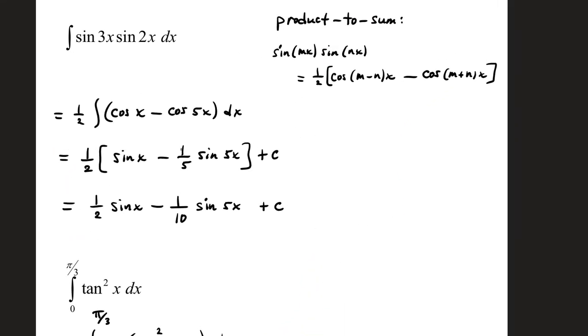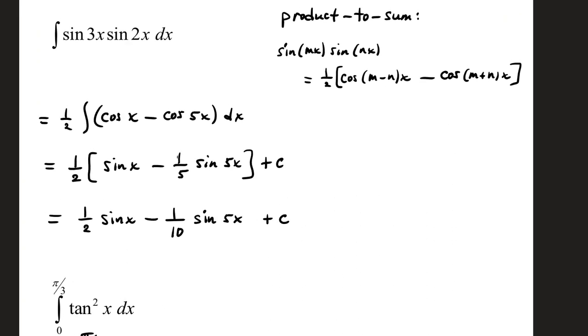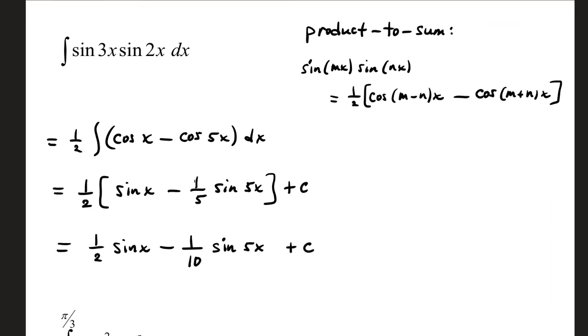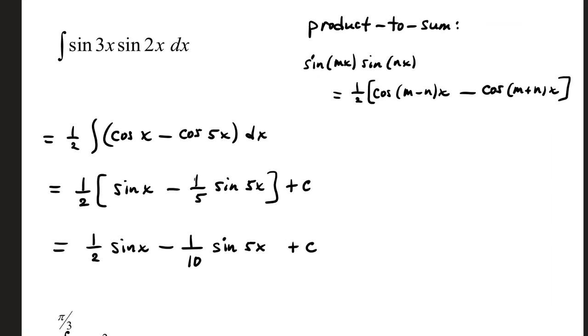In our next example, we have the integral of sine 3x times sine 2x dx. This problem goes back to another trig identity where we use product to sum. We're given the product of sine 3x and sine 2x.